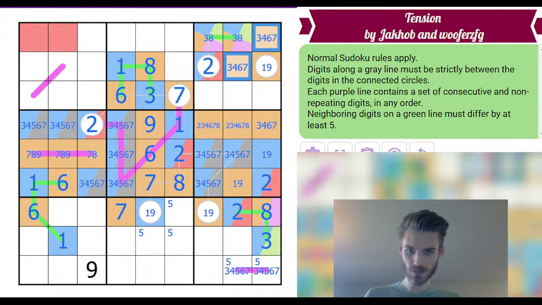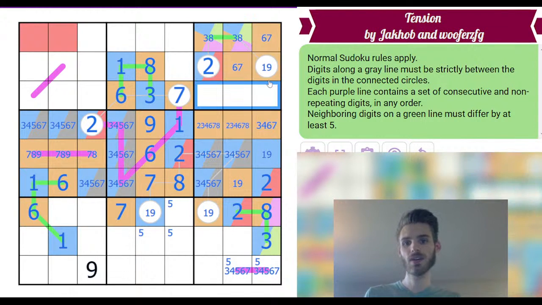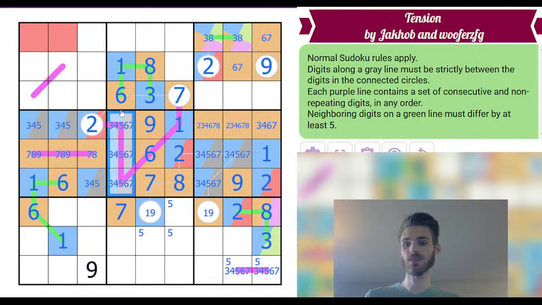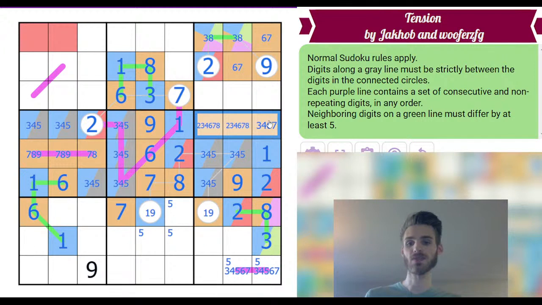So these are 6 and 7. This is a 9. That's a 1. That's a 9. I'm probably doing this in the slowest way possible, by the way. These are not 6 or 7. These are not 6 or 7. These are not 6 or 7. These are not 3 or 4.